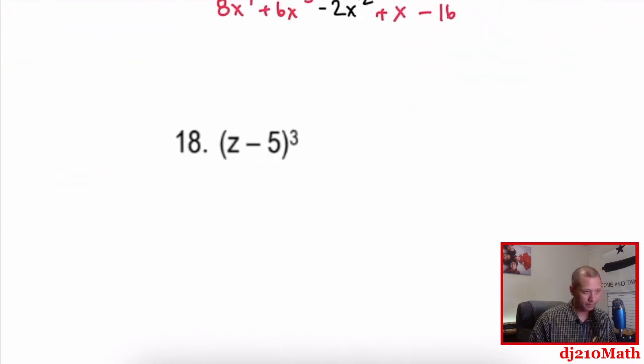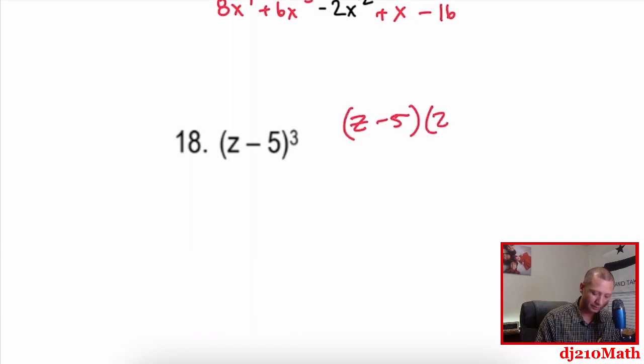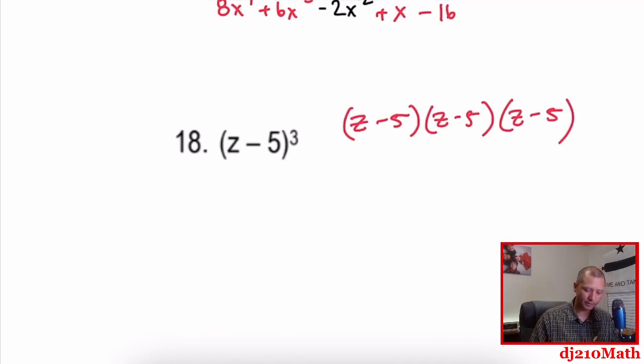All right. z minus 5, cubed. Again, don't be a noob and try to cube everything. It doesn't work that way. This is saying z minus 5 times z minus 5 times z minus 5. Okay.